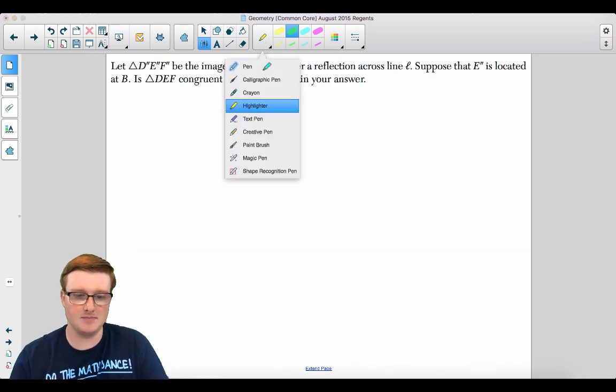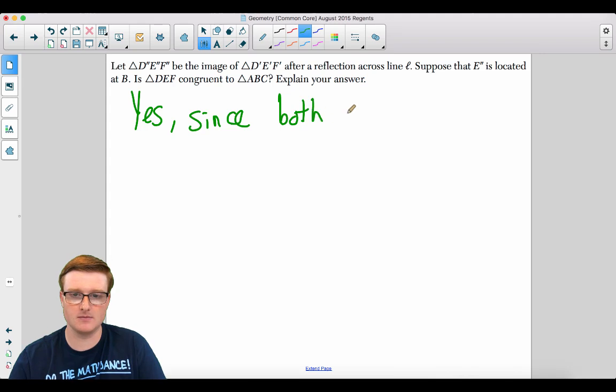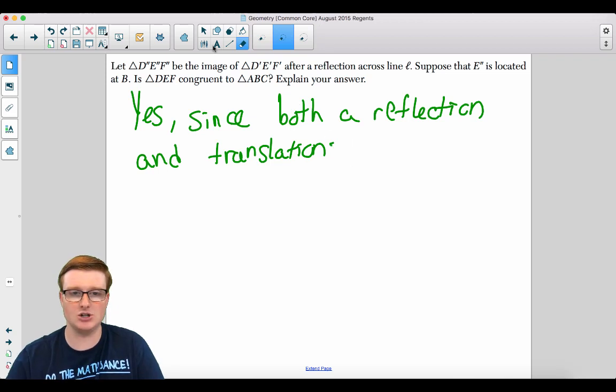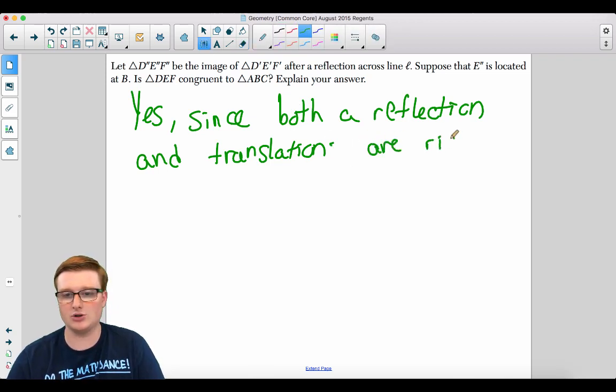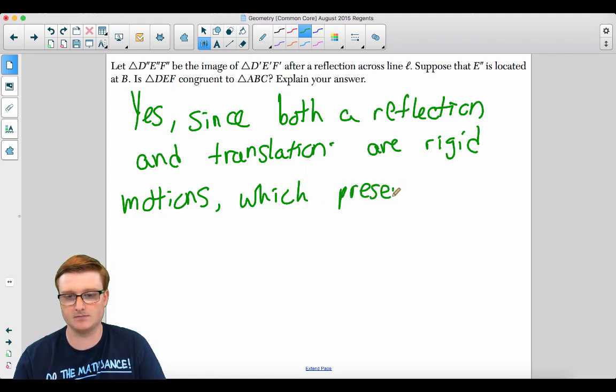So we're going to say, as an answer, yes, since both a reflection and translation are rigid motions. This is a good rigid motions question, that's for sure. Rigid motions preserve distance and congruency.